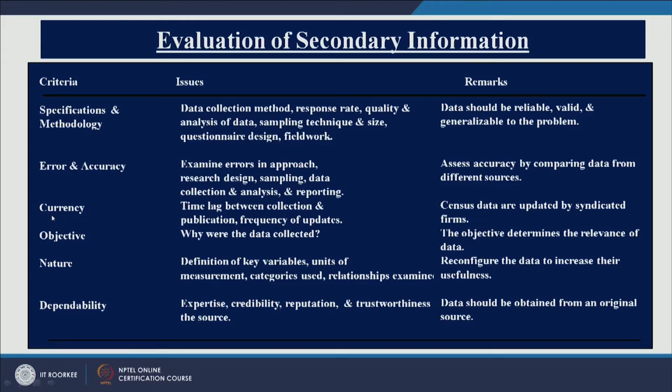This is the next criterion, right. So, how updated that data is, right. So, the time lag between now and when that data was collected, when that data was analyzed. So, that time lag is very important. You should not collect too old data, right.